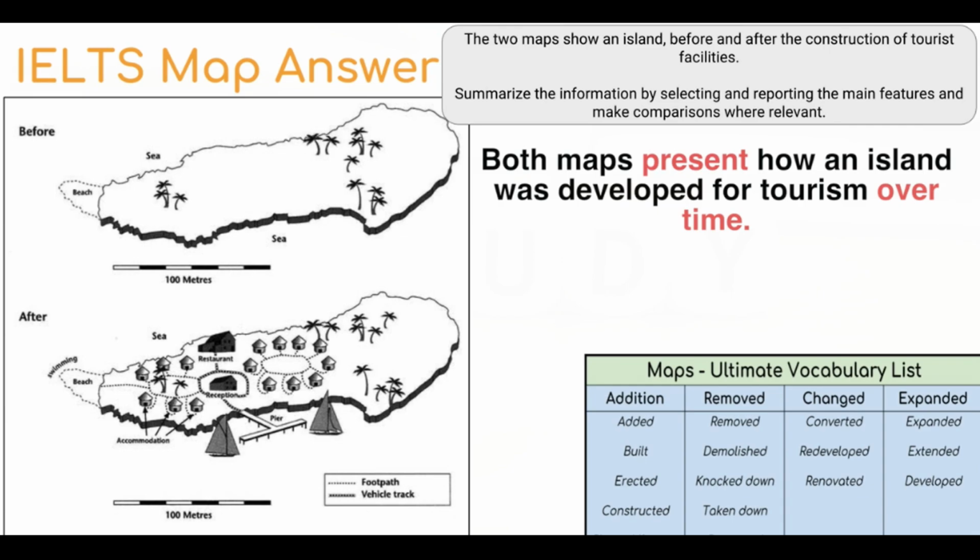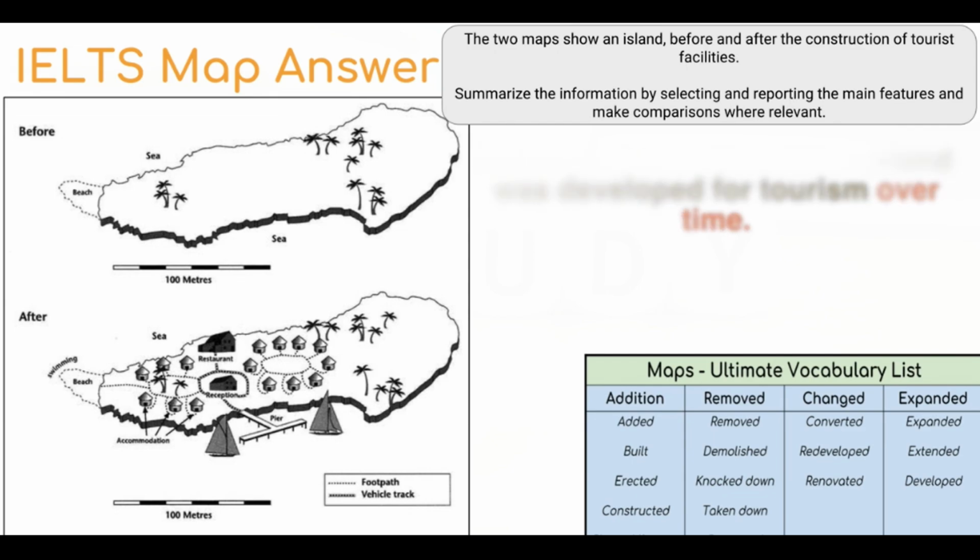Now remember, when paraphrasing the question to create your introduction, do not repeat vocabulary. The question uses the word show, so I've changed that for the synonym present. Also, instead of saying before and after, I've used the phrase over time.